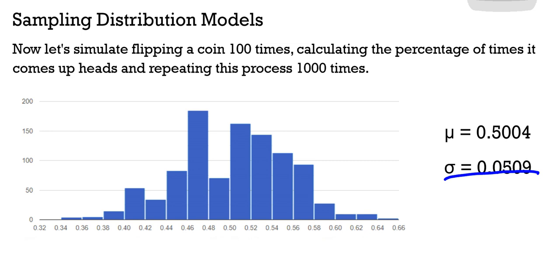But when we start talking about flipping it 100 times, we're not getting 20, we're not getting 80, we're not getting 70, right? So as we flip that coin 100 times, it's still centered around what we would think it would be centered around, but it's getting less and less spread out.